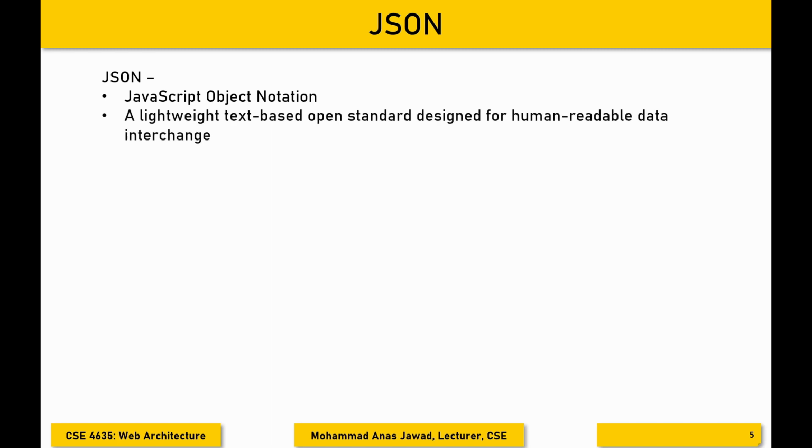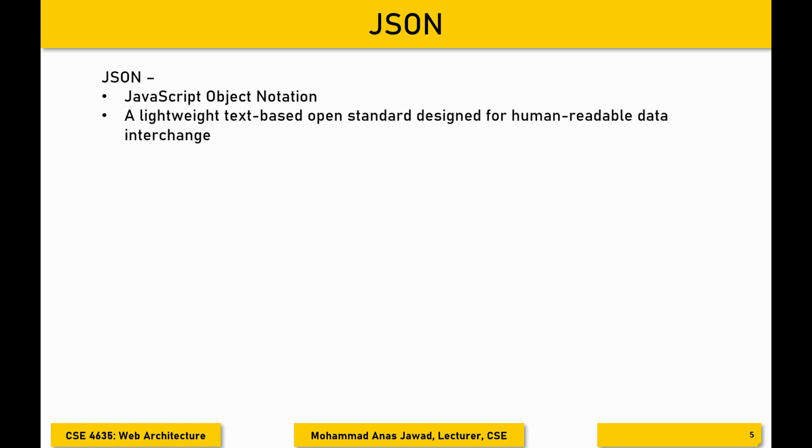So before ending our discussion today, I would like to talk a little bit about JSON. So JSON stands for JavaScript Object Notation. It is a lightweight, text-based open standard designed for human-readable data interchange.